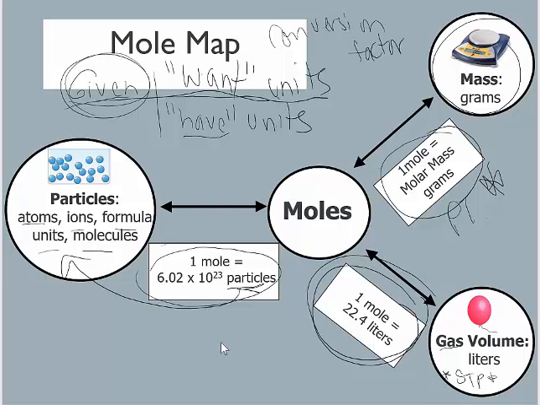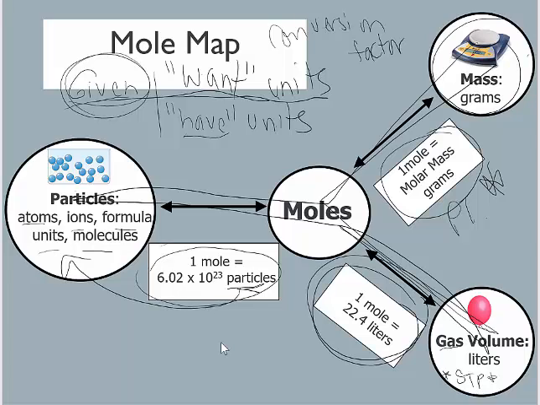If we're going from particles to mass, or mass to volume, or volume to particles, we have to go through moles. So particles, moles, and then volume, or moles, volume, moles, and mass. This is the only way that we can get from these outer parts, to go through moles.